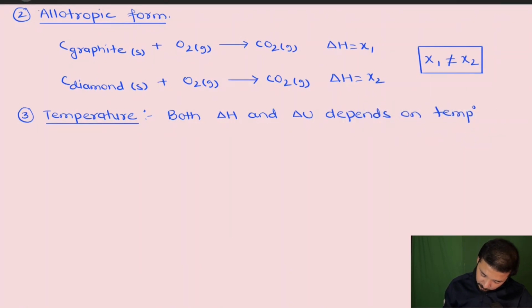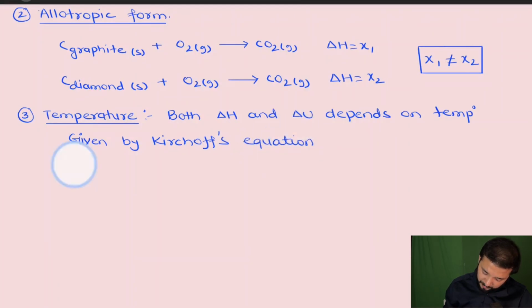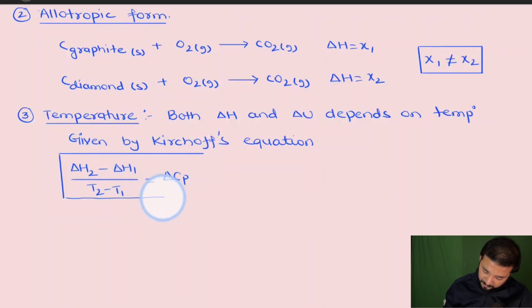This is given by Kirchhoff's equation, which says that delta H2 minus delta H1 upon T2 minus T1 is equal to delta Cp. Delta H2 is the change in enthalpy at temperature T2. Delta H1 is the change in enthalpy at temperature T1. And delta Cp is the change in molar heat capacity at constant pressure.